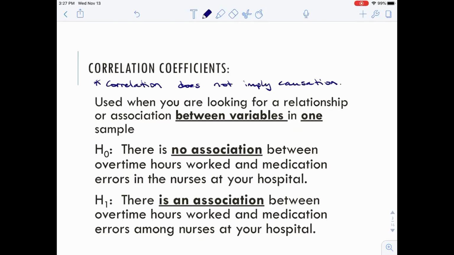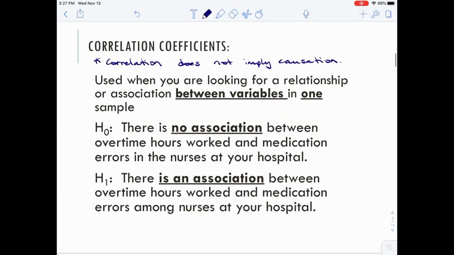And then your alternative hypothesis is that there is an association between these two things. Same as a chi-squared. So it's not actually a new null and alternative hypothesis.